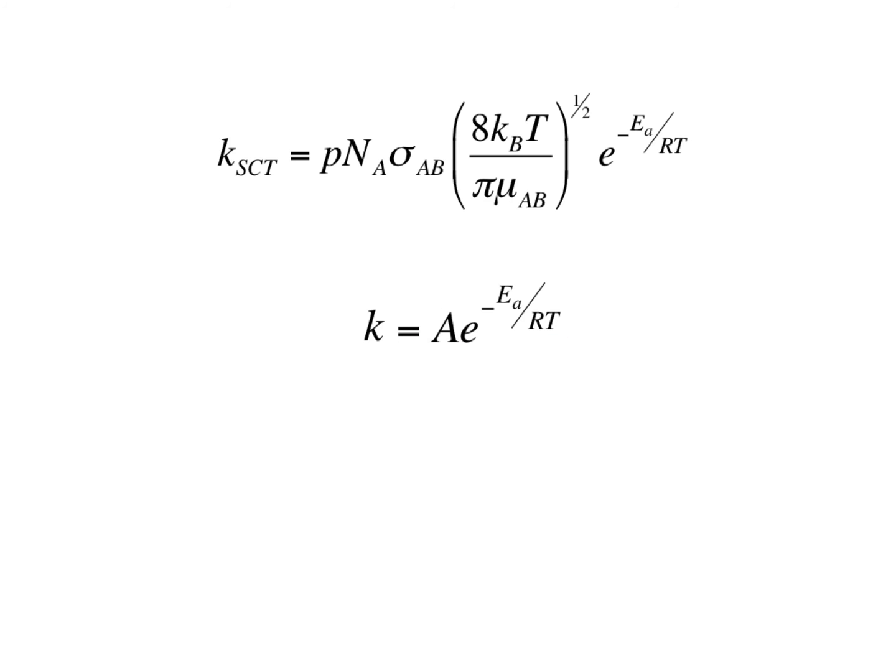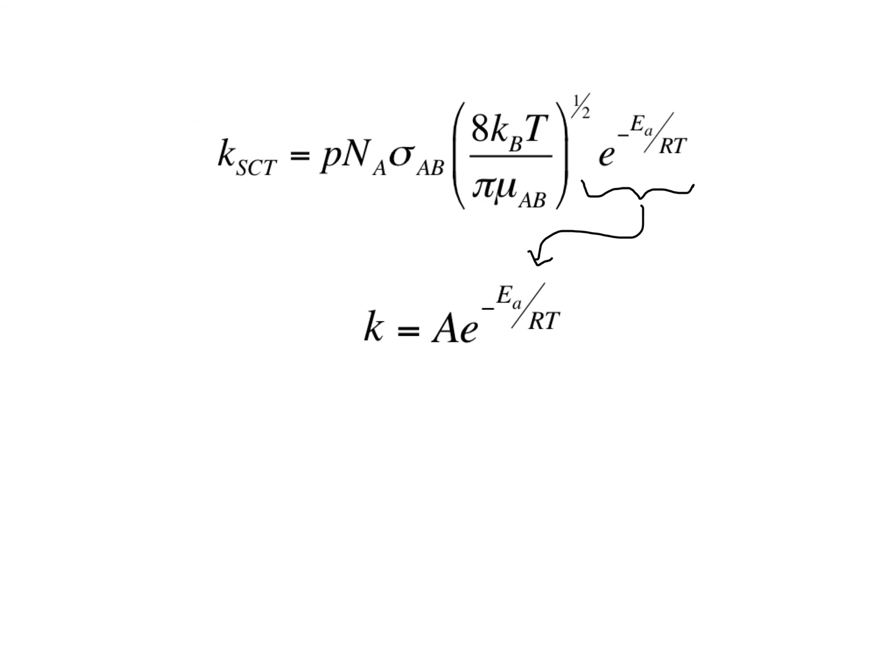We find that our collision theory rate constant also has this same kind of temperature dependence. In addition, we've now learned that this exponential temperature dependence arises from the fact that the fraction of collisions with enough energy that have energy above E_A is exponential in 1 over T.